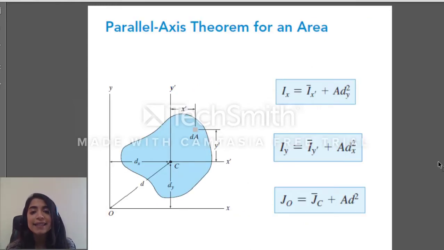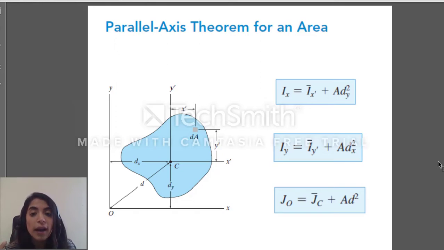The parallel axis theorem for any area, is it regular or irregular, states that Ix is always equal to Ix prime plus this area A times the perpendicular distance between x and x prime. And I know, guys, that in 2D the perpendicular distance between x and x prime is in y.